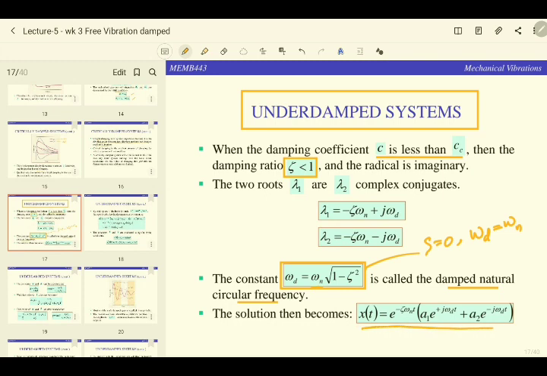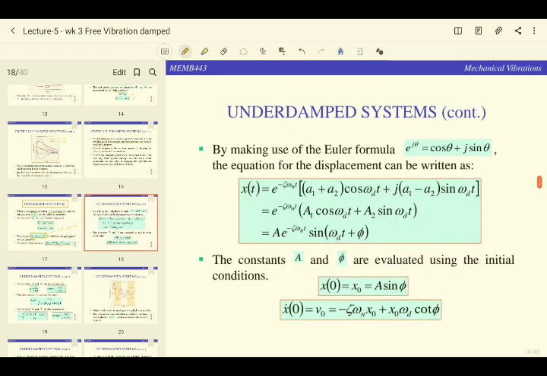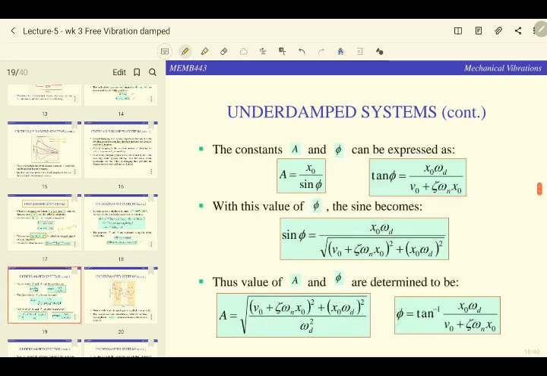So you have this solution. If you remember in the previous solution, if you have an exponential function, then you do not have omega d, because omega d equals omega n. By making use of Euler's formula, you can derive the equation, and with the initial conditions, you can solve for your solution x(t) just now, where you can find your A and also your phi.